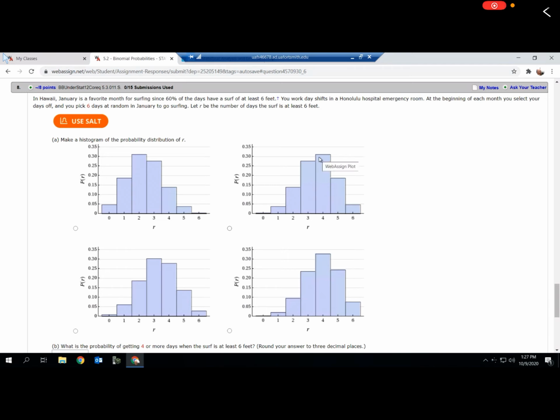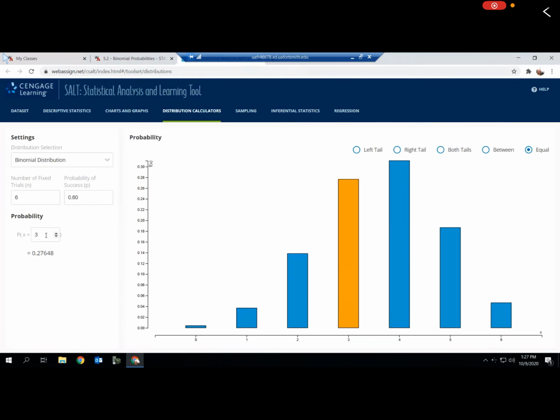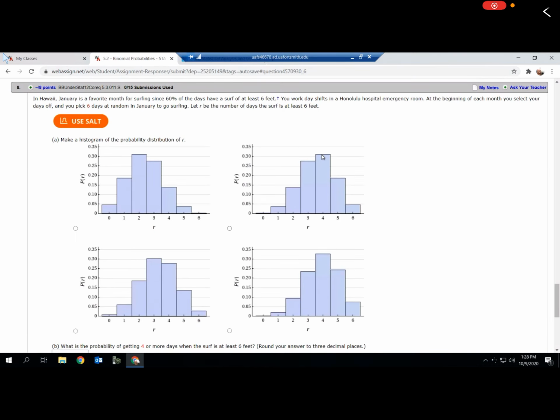If we do probabilities for 3 and 4, that should help us distinguish if this is the correct graph. So when it's exactly 3, we have 0.276. When it's 4, we have 0.31.